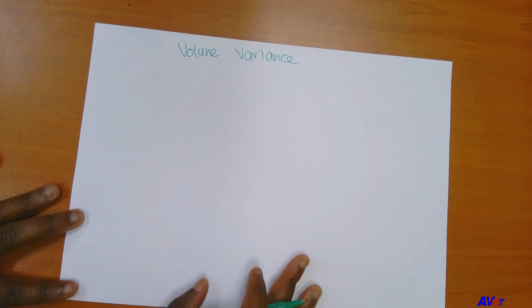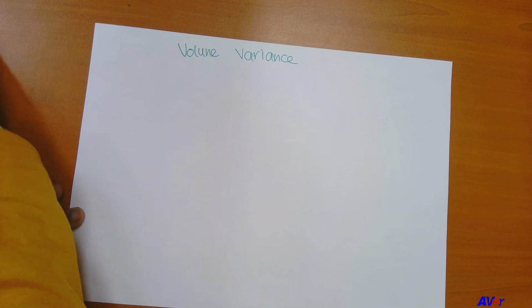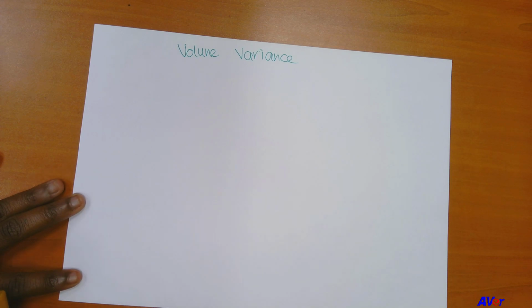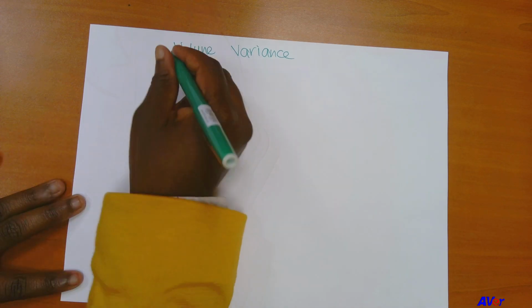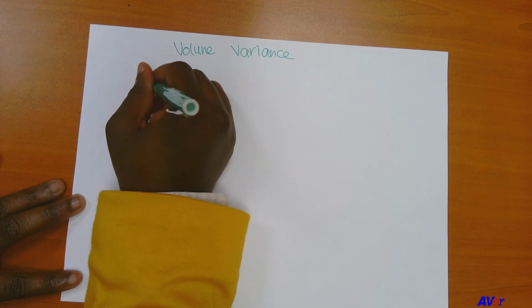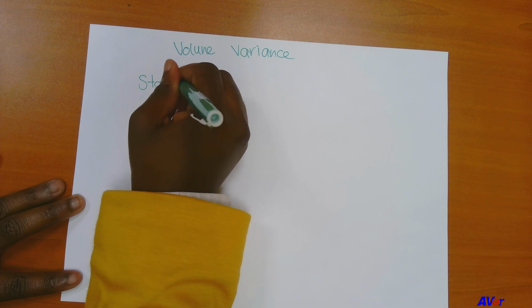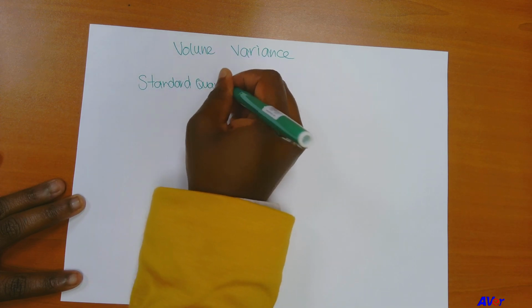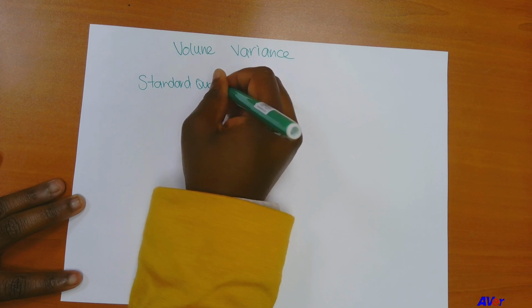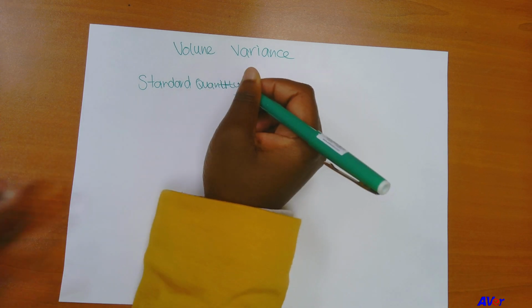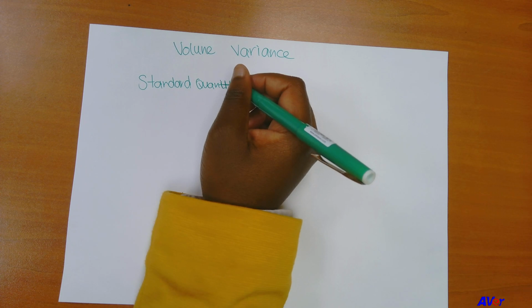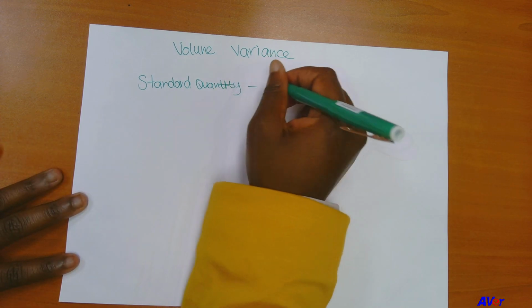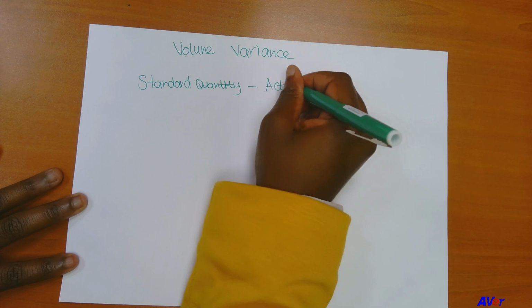For the volume variance, we said, what did you use versus what you were supposed to use? So, standard quantity versus your actual.